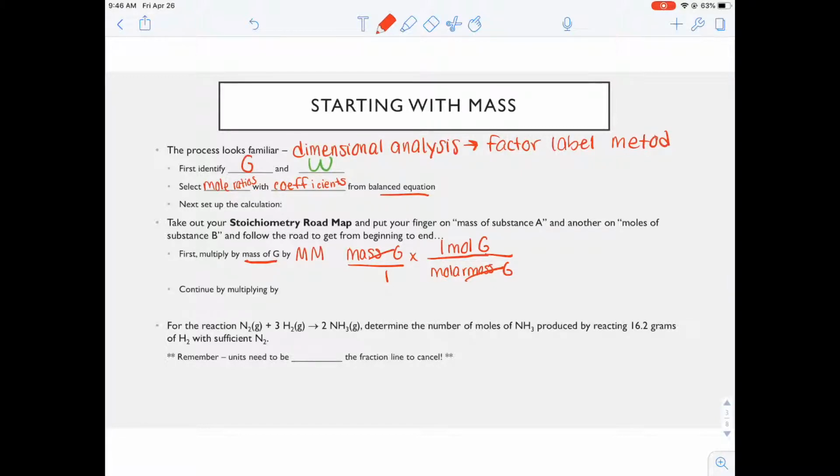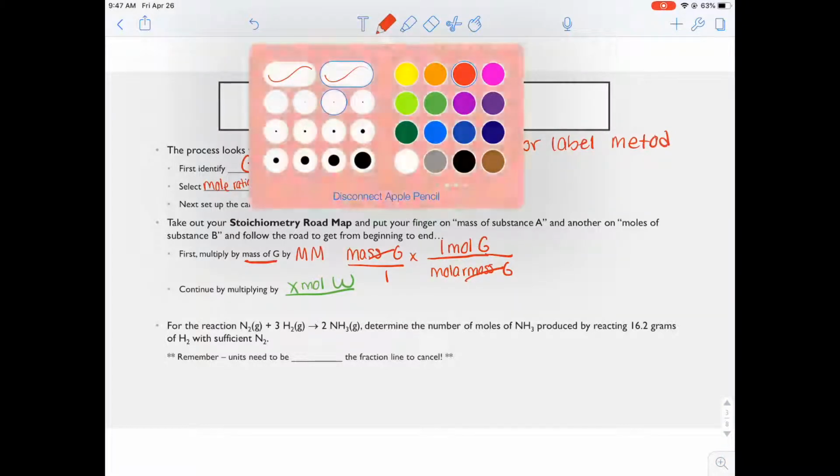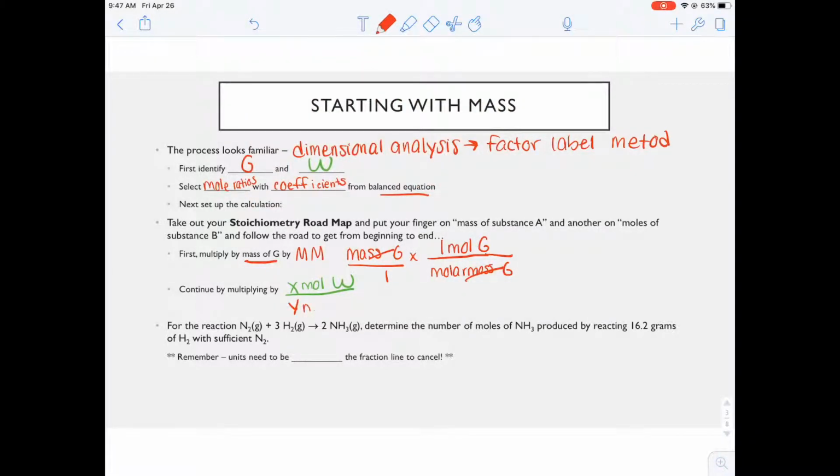Then we're going to continue the problem. It's going to be more than one step, right? We said 2, by multiplying by some number moles of the wanted over some other number moles of the given, just as before.